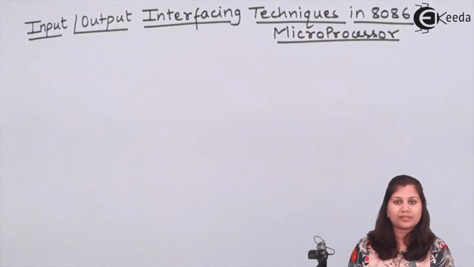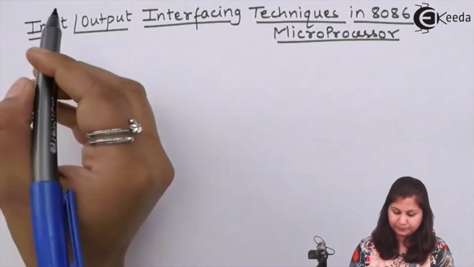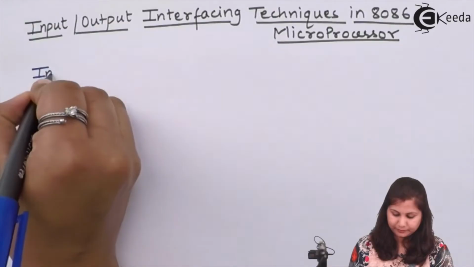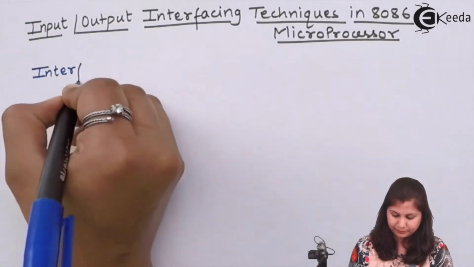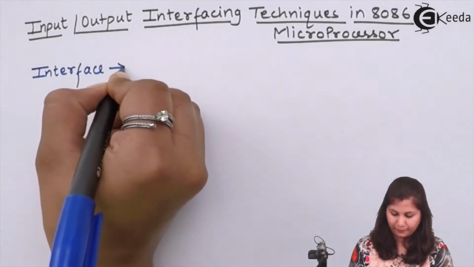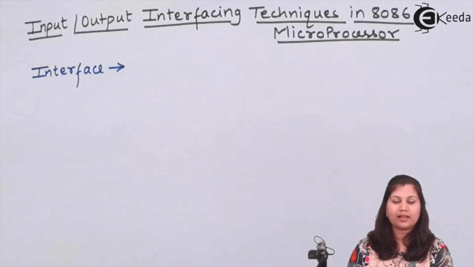Before starting with this topic, let us understand the meaning of the word interface. Interface means the path of communication between two components which are connected in a system.